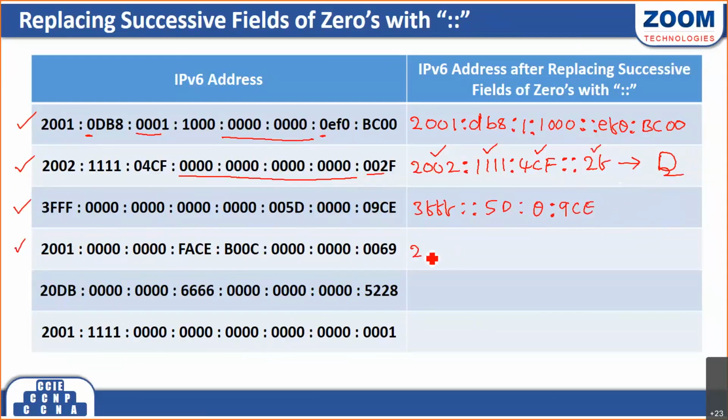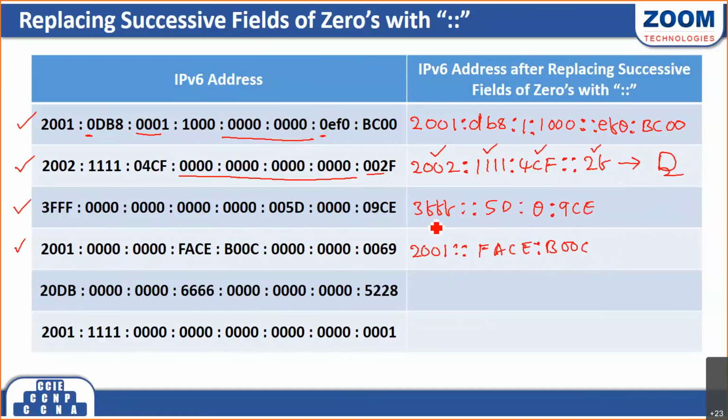2001, double colon, FACE, colon B00C, double colon. Only one double colon is allowed. How can we make it again a double colon?